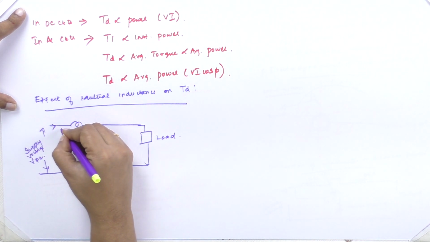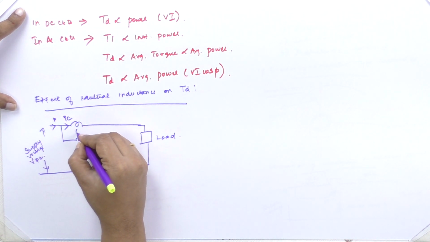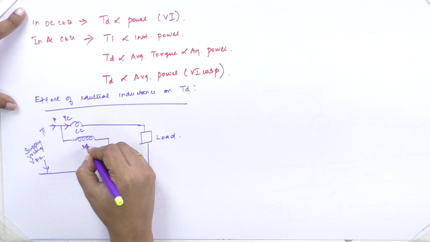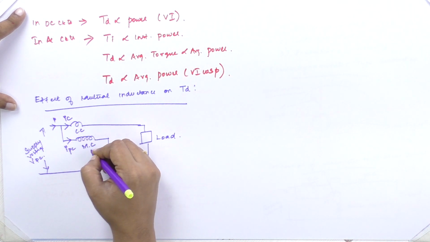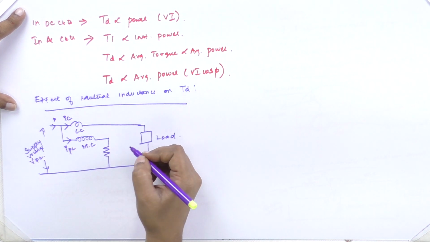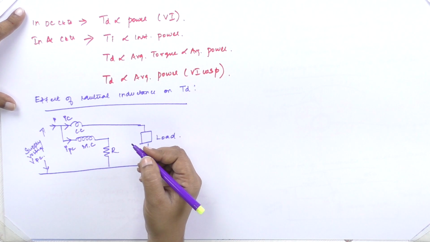The total current is taken as I. IC is the current through the current coil or fixed coil. Let us see the moving coil, the current through the moving coil, also called the pressure coil, is taken as IPC. This one is the series resistance R.